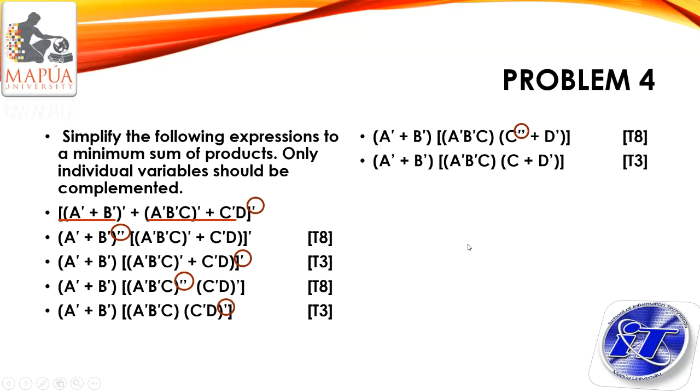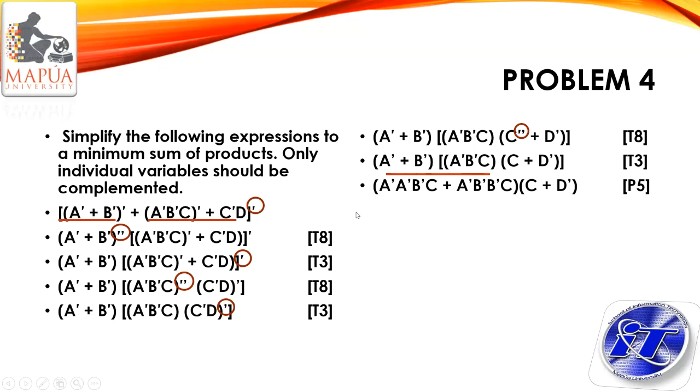Now, we're going to combine terms. So first term and second term, let's combine it using distributive law. So we have A naught B naught C, and second term, A naught B naught C. Third term, just copy.